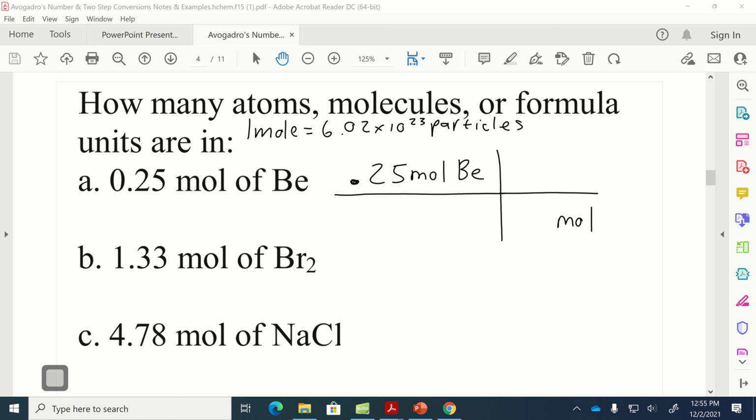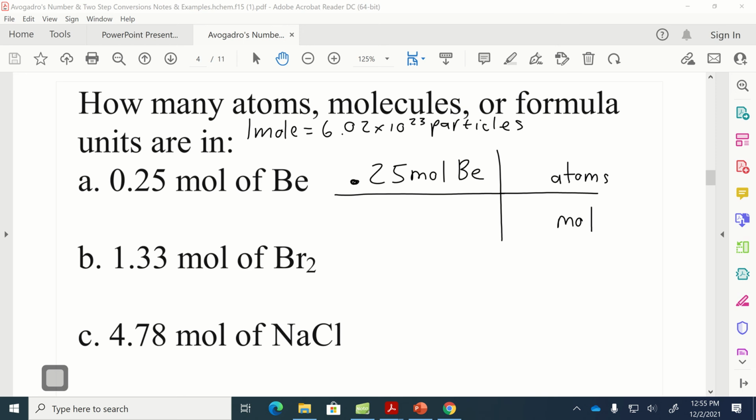I'm coming from moles, and I'm changing to atoms, which I'm allowed to do. Moles can change into anything else, and that might be part of where we'll have some confusion later on, because we're going to change moles into grams, moles into liters, and moles into other types of moles. But any of those other units can never go directly into another unit. Everything has to be connected with the mole.